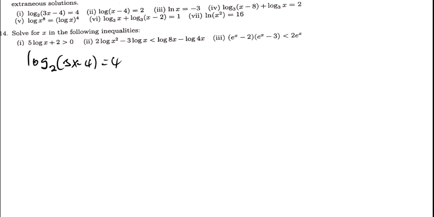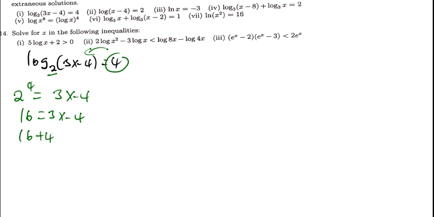The base raised to the power of what is outside is equal to what is inside. 2 raised to the power 4 is equal to 3x minus 4. 2 raised to the power 4 is 16, so 16 is equal to 3x minus 4. Shift 4 to the other side: 16 plus 4 is equal to 3x. If we add these two, they give me 20 is equal to 3x. Divide by 3, x is equal to 20 divided by 3.